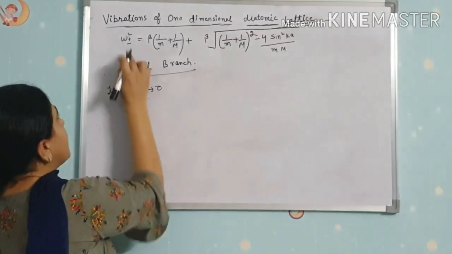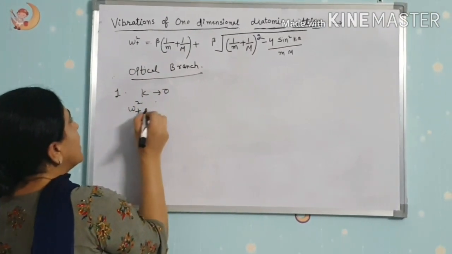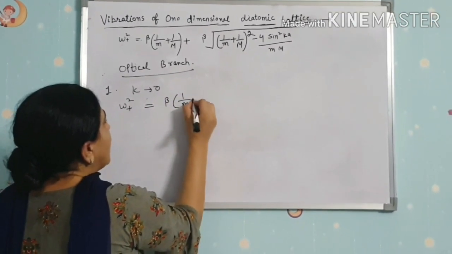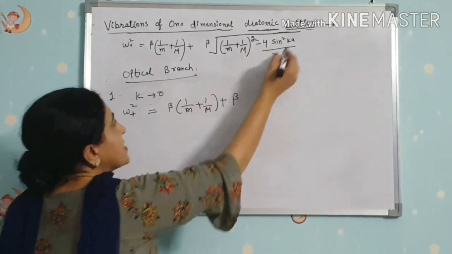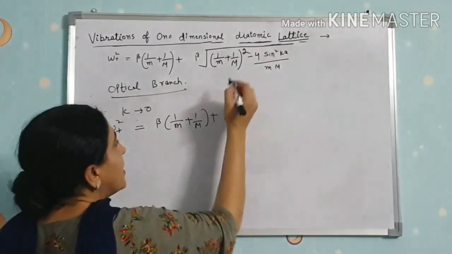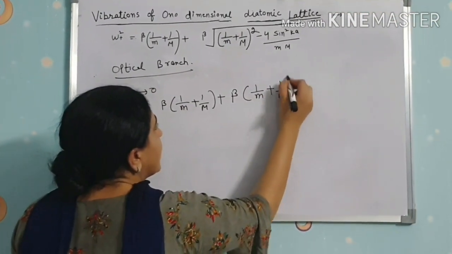So what about omega plus? It is equal to beta times (1 over m plus 1 over capital M) plus beta. Yes, this term goes. What is the square root of this square? So beta times (1 over m plus 1 over capital M).